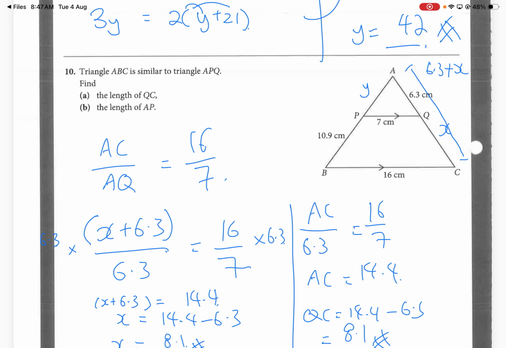Then AP is the short side. AP corresponds to AB. So actually we are using the scale factor again. Corresponding side will give me the same scale factor as this corresponding side. Okay? Then now I know AP is Y. Then what is the long one? The long one is 10.9 plus Y.